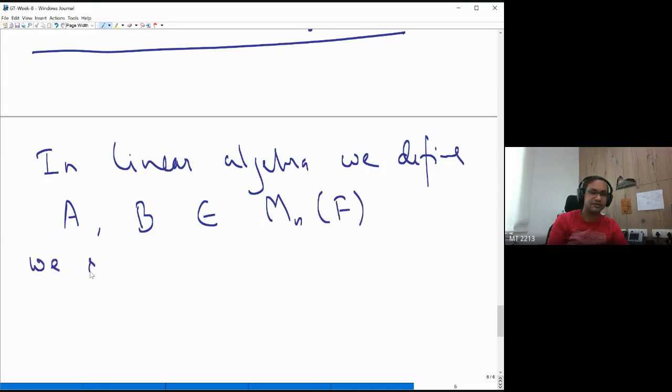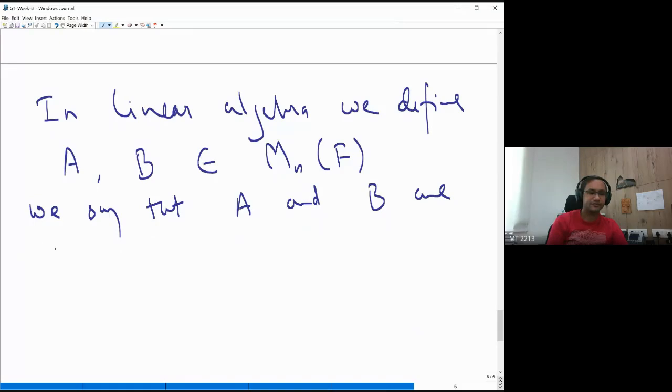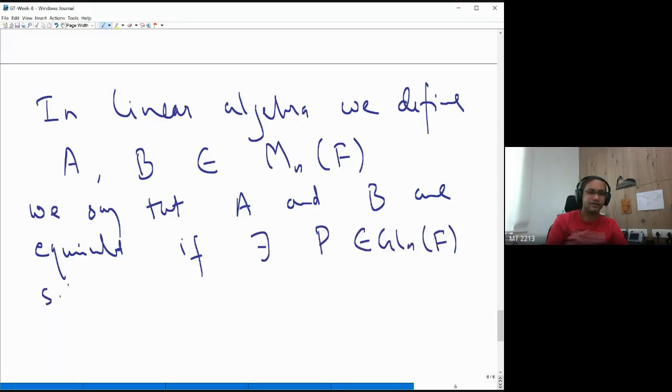We say that A and B are equivalent if there exists P in GL_n such that P A P inverse is B.